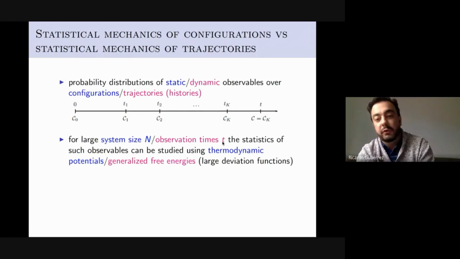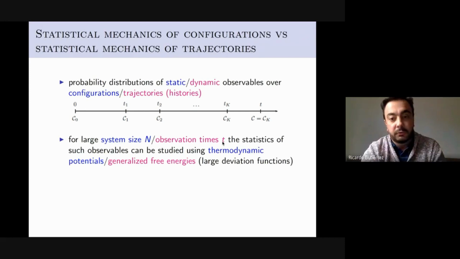In some problems also the number of particles is taken to infinity, but it won't be the case in what we will explain later on. So in our networks, the number of nodes, which is capital N, will be finite, but the observation times will always be very large. And the statistics of such observables will be studied using, instead of thermodynamic potentials, generalized free energies, what I call large deviation functions, or dynamic large deviation functions.